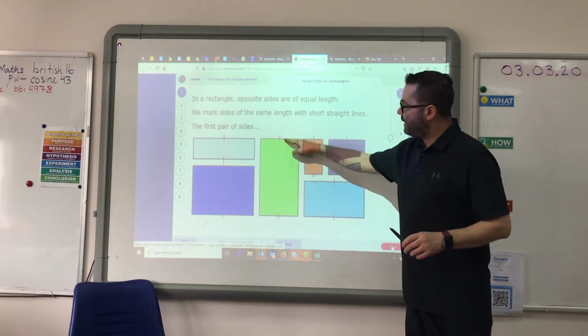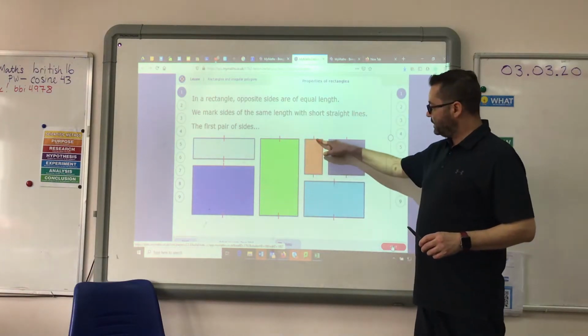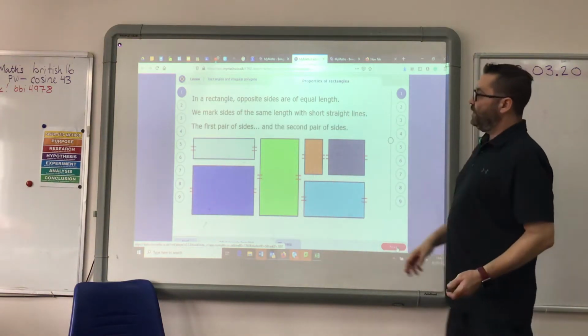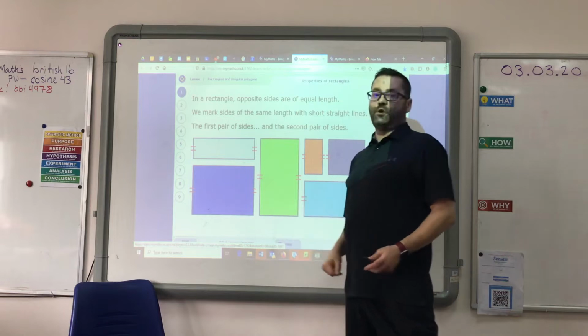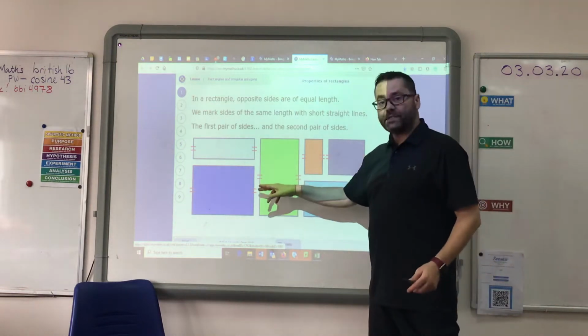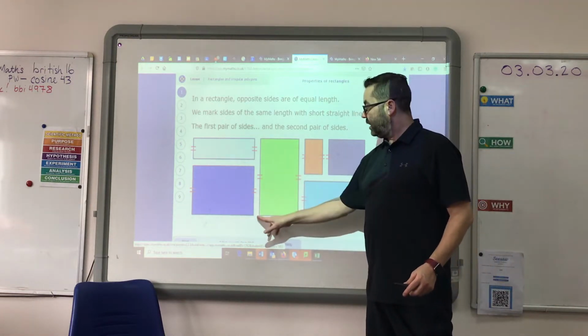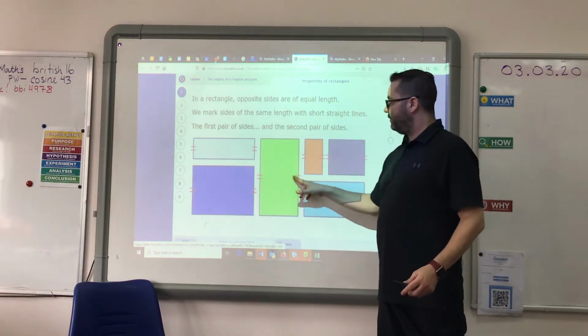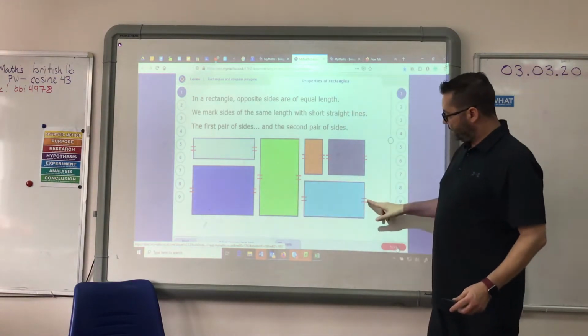This length the same length as this line, and so on. Now, we use 2 lines to show another set of sides that are of equal length, okay? So this side is of equal length to this side, and we show that with 2 small lines.